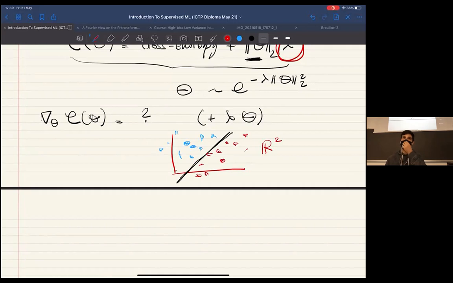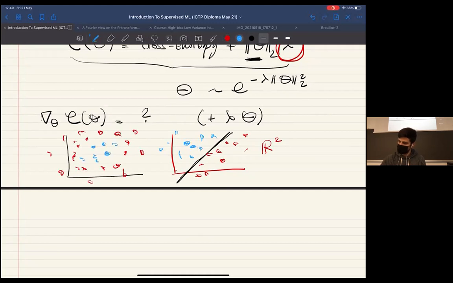Now, if I draw data in 2 dimensions which is not linearly separable, this is clearly not linearly separable.